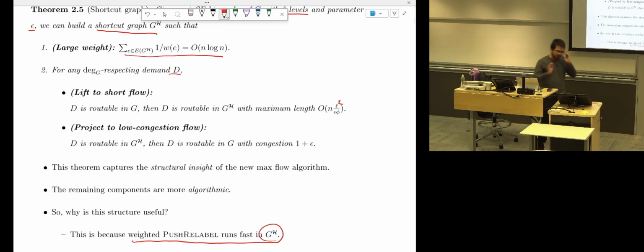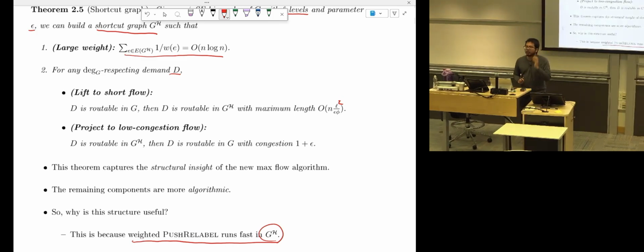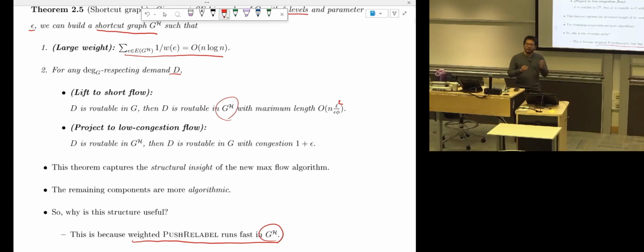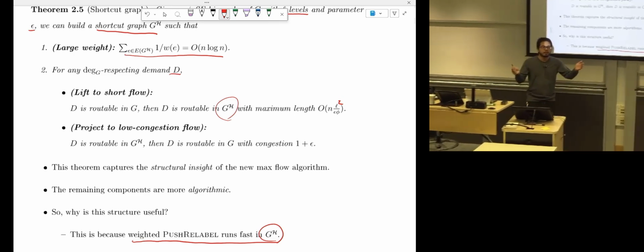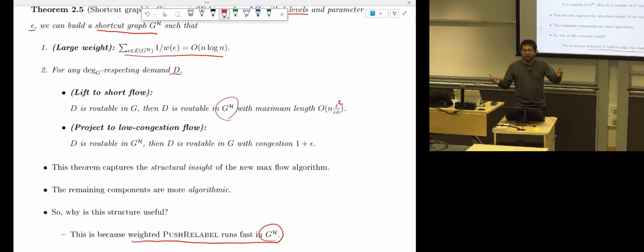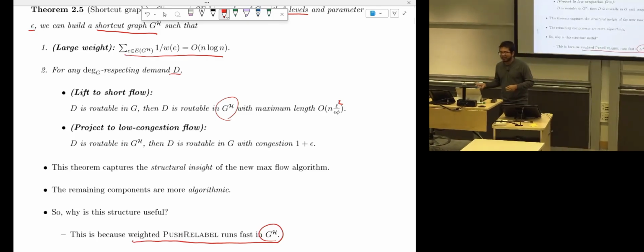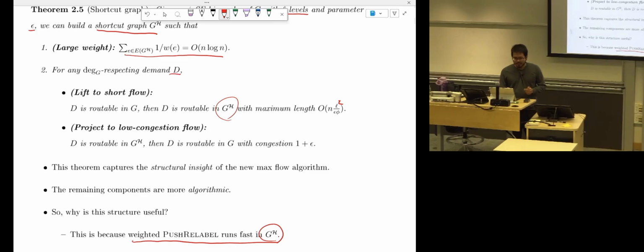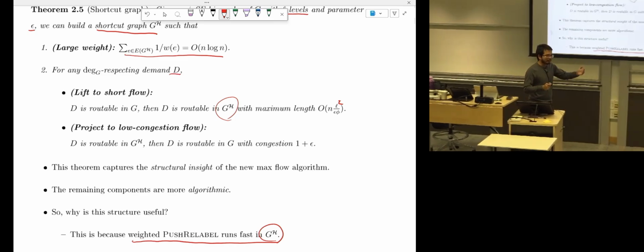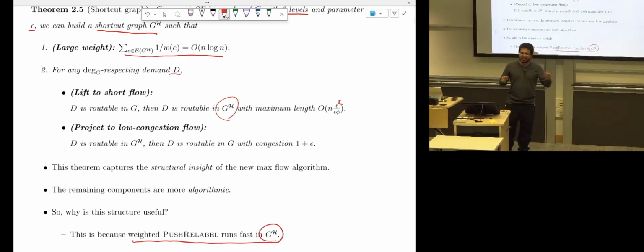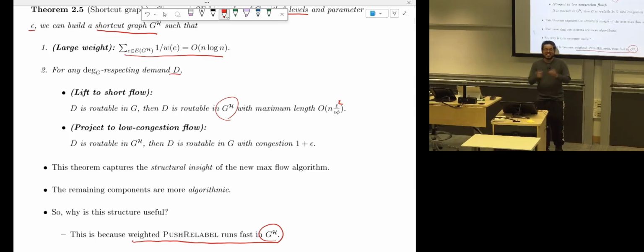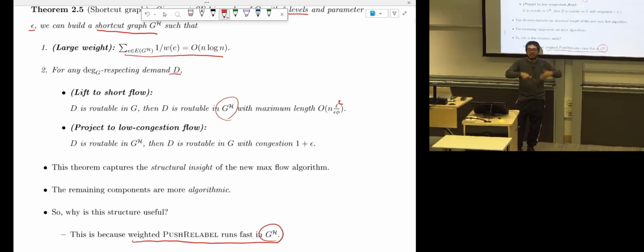When you look at the shortcut graph, you only need to care about short flow, right? Because if the max flow in the original graph has value 10, there is going to be a flow of value 10 in the shortcut graph too, but that's short.